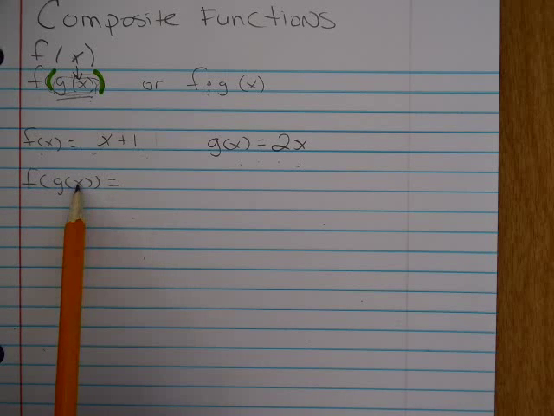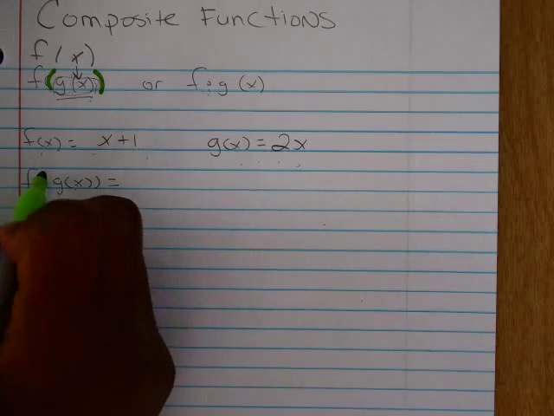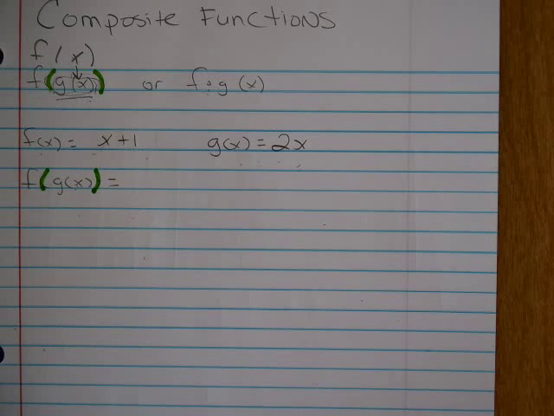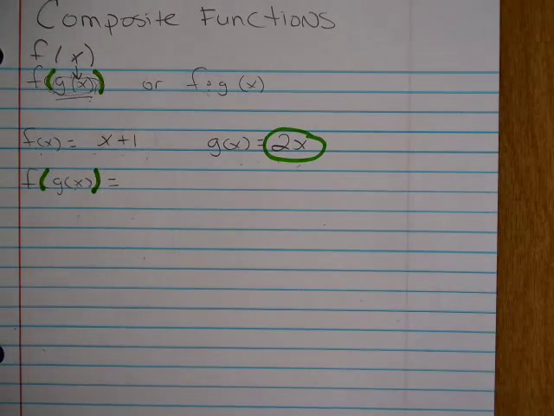So we're going to take all of the function g. I'm going to highlight that in green. So this is the input. g of x is in fact equal to what? Well, if you said 2x, you're absolutely right. That 2x we're going to substitute right in the inside.